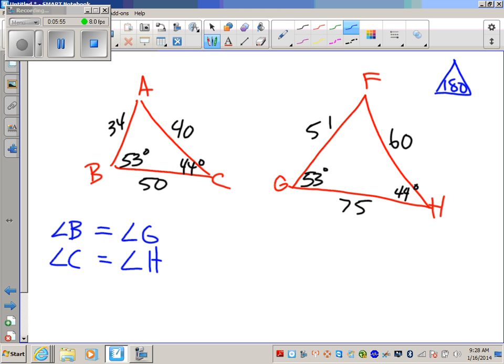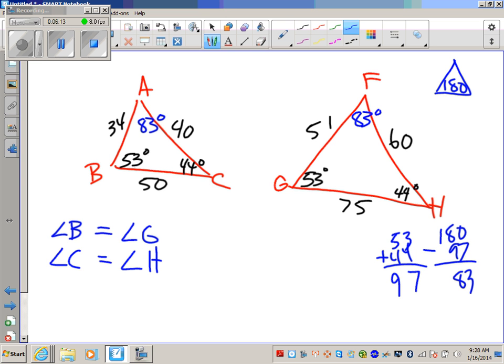So if I've got 53 and 44, I've got 97 so far. Subtract that 97 from 180, and I get 83. Angle A corresponds with angle F, and there's the proof right there.